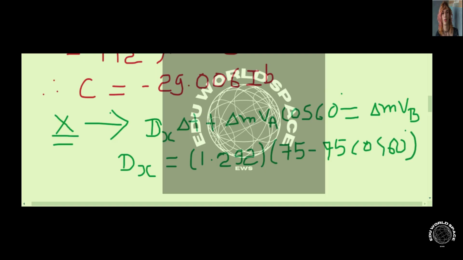So Dx is equal to 1.292 into 75 minus 75 cos 60. The final answer will be 48.4 pound.